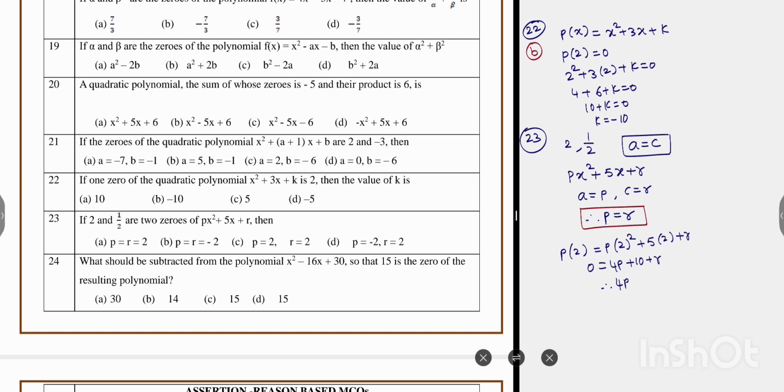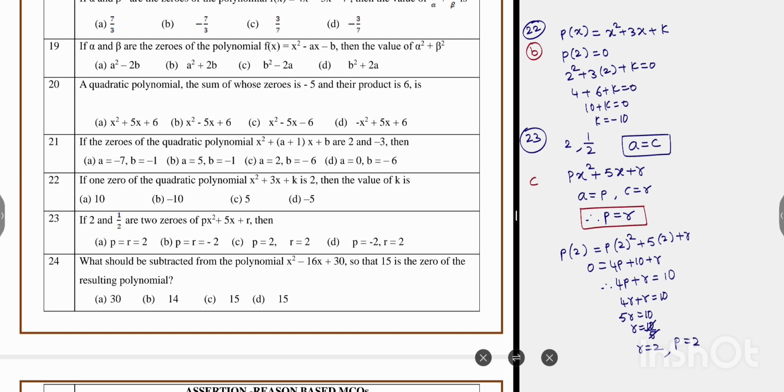So 4P plus r is equal to minus 10. Here we know P and r are equal, so we can write it as 4r plus r equal to 10, so 5r is equal to 10. So r is equal to 10 by 5, r is equal to 2. If r is equal to 2, P is also 2. So option C is correct.